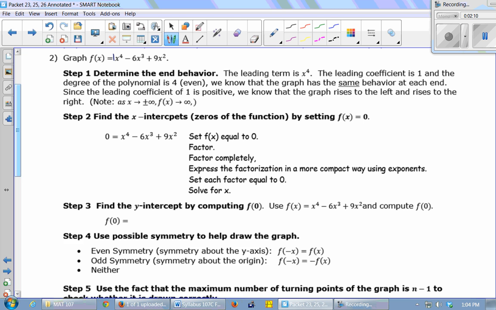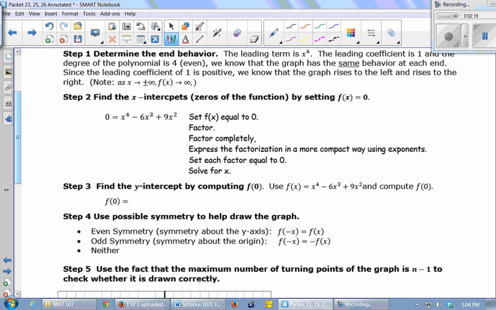Now I'm going to try to find the x-intercepts, which is zeros of the function, by setting the function equal to 0 and solving it. All right, so I've got my function equal to 0. For polynomials, pretty much the only tool we have is to just try to factor it, right? Just like cross your fingers and hope it factors, right? So this first one, is there anything that we can factor out of every term? x squared.